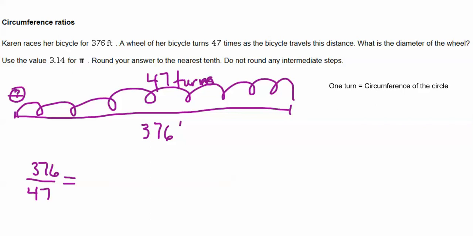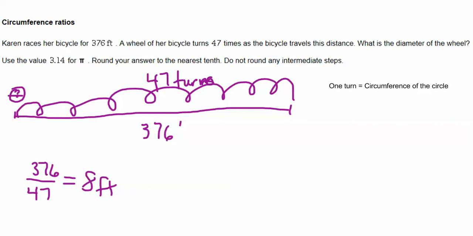So in your calculator, 376 divided by 47 is 8. The circumference, or one tire turn, is 8 feet. That's not what they're asking us though. They're asking us for the diameter of the circle.